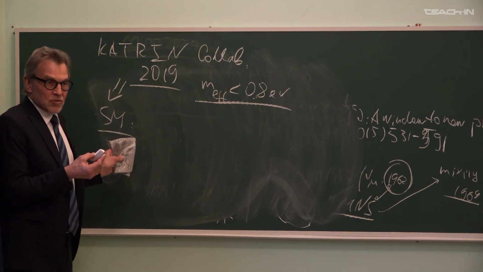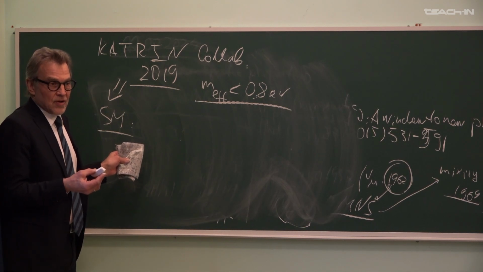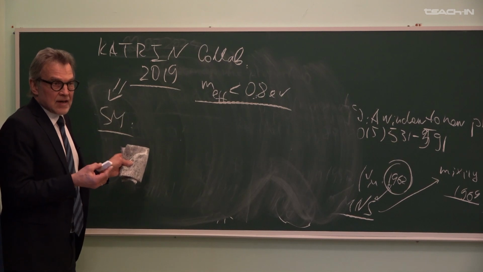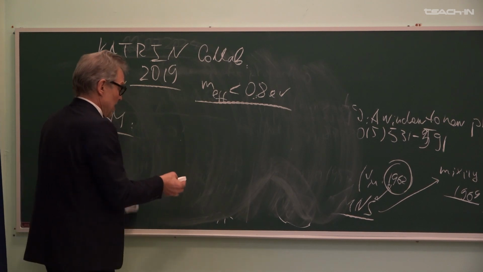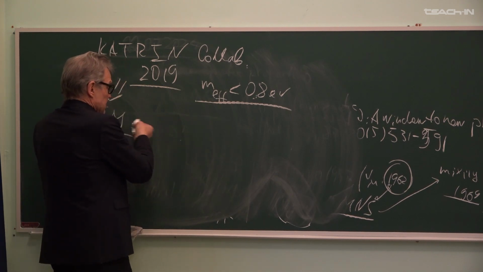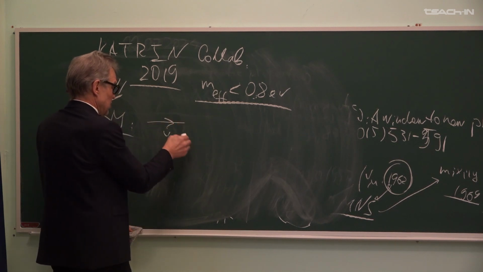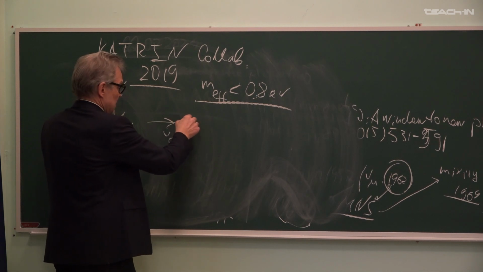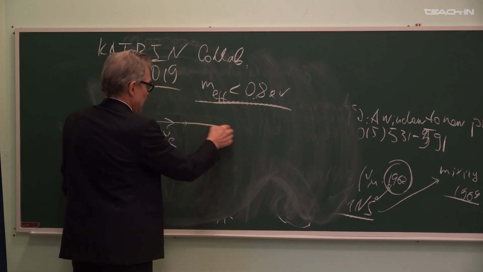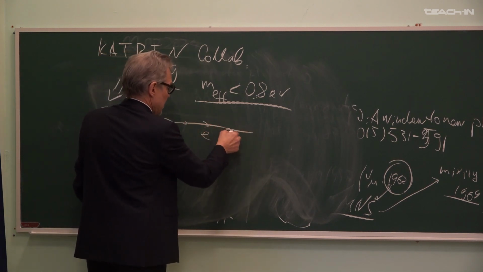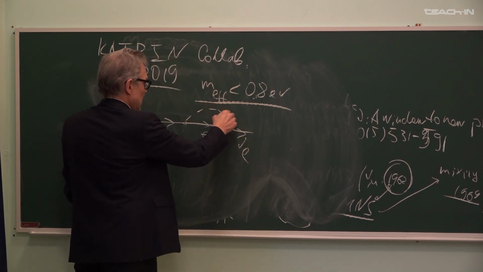But the interaction of neutrinos is still described by the Lagrangian of the Standard Model. And there we have flavor neutrinos. In this Lagrangian, we have a flavor neutrino, electron neutrino, that can interact with an electron, and here there will be the W boson.